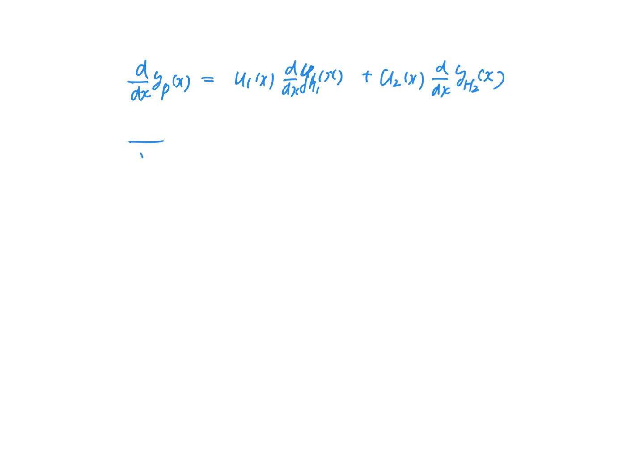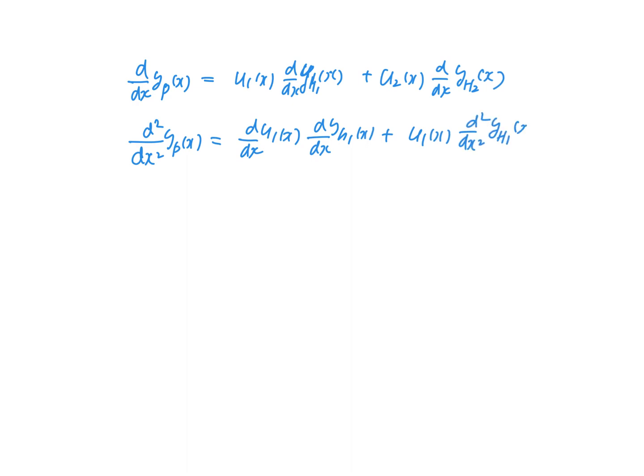So if we differentiate twice, we have du1/dx dy_h1/dx plus u1(x) d squared y_h1/dx squared, plus du2/dx dy_h2/dx plus u2(x) d squared y_h2/dx squared.